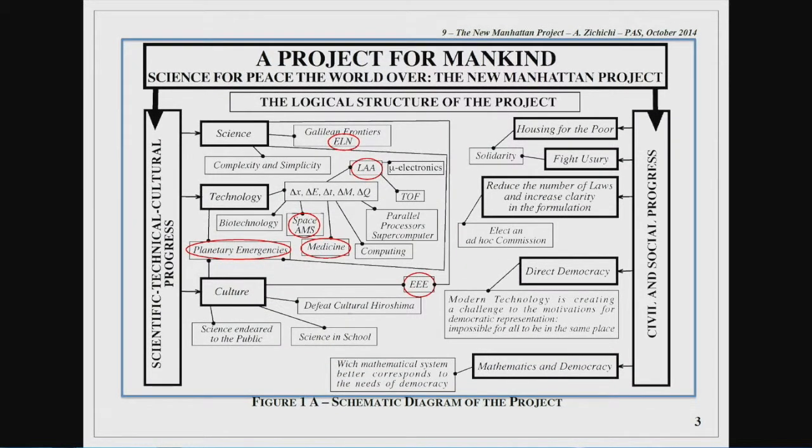This is the project for mankind, the new Manhattan Project, which I have no time to illustrate. This is just, in the red, the projects going on now. This would be just dreaming if it was not based on something already existing in the correlation between technology, science, and culture. This is the project for mankind.